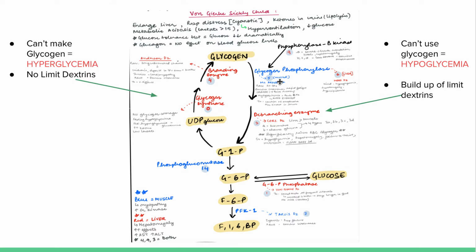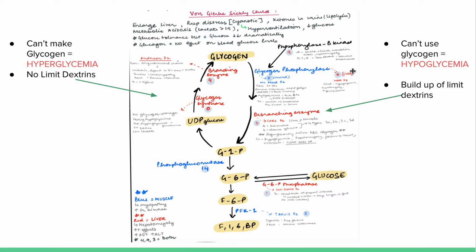I say early because you use glycogen in the early stages of exercising, right? The first thing your muscle is going to use is the glycogen. So early exercise intolerance and hypoglycemia. Hypoglycemia not as much as you're going to see here with the liver. So early exercise intolerance, cramping, and you're treated by avoiding exercise.